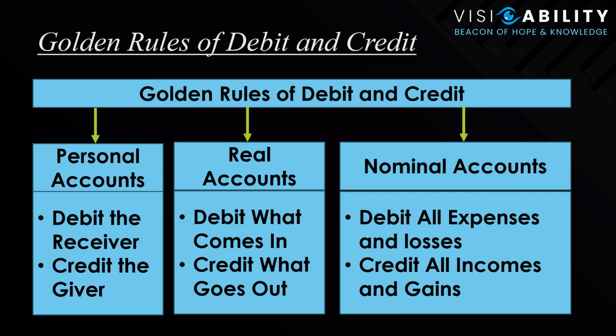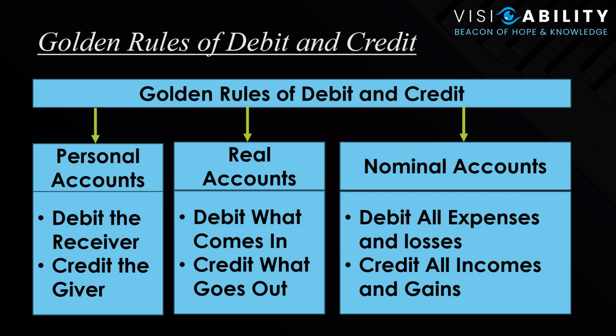As we already know, a person or a group of people would come under this particular category. So let's take only one example of a natural person. If a person's account needs to be maintained according to a transaction, and in that transaction the person is a receiver, he or she would be debited.